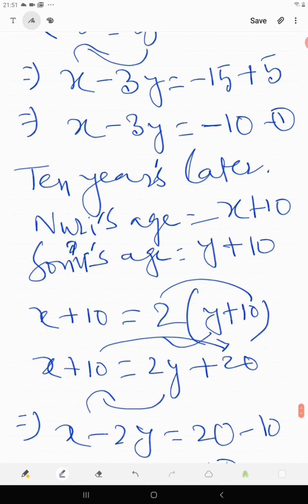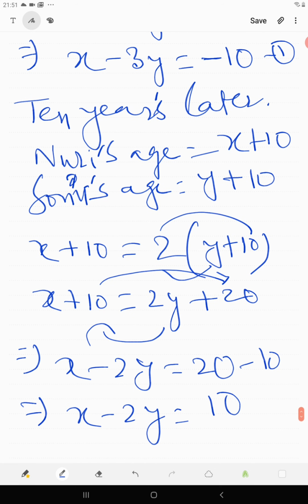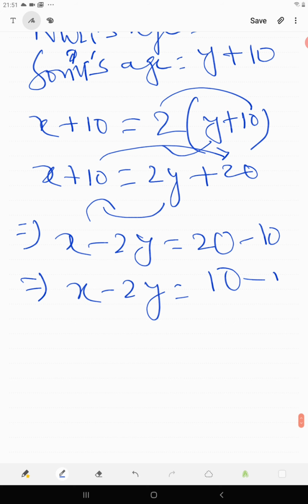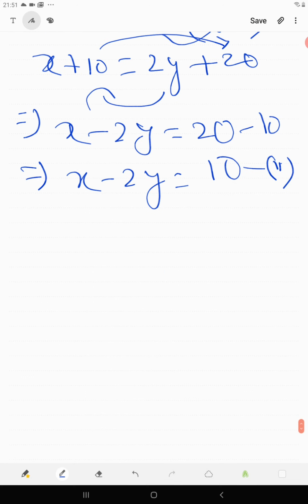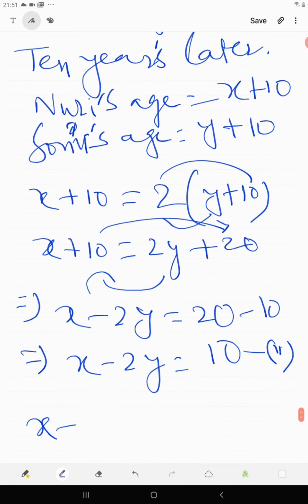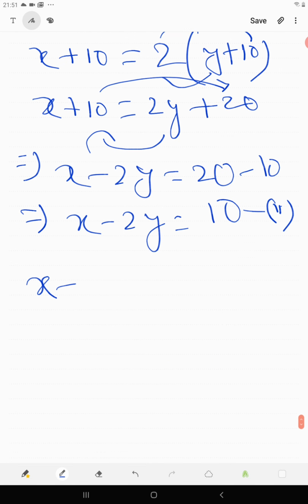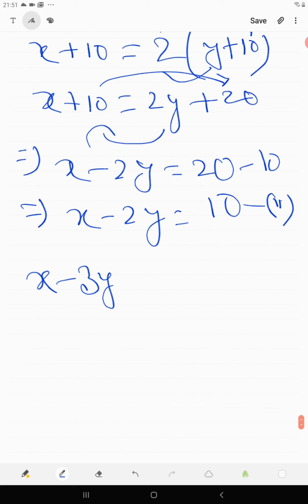Now see over here, we have x, we have same thing. So if you will see first equation, x is there, second equation also, multiply equation 1 with 1 and equation 2 with 1. I am doing with corresponding to x. Of course, it will remain same only. So it will be x minus 3y equals to minus 10.